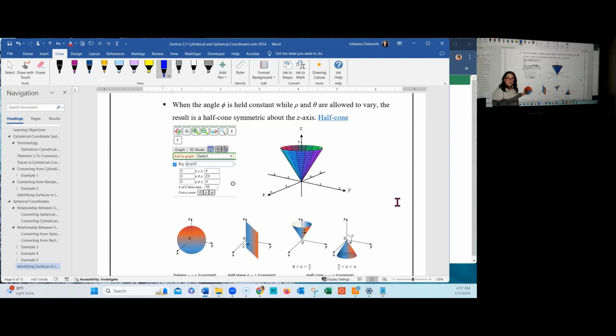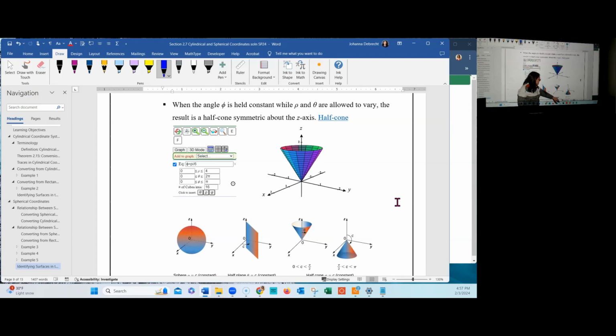The sphere, when we hold rho constant and let theta and phi vary. The half plane, when we hold theta constant and let rho and phi vary. And the two half cones that we get if we hold phi constant and allow rho and theta to vary.